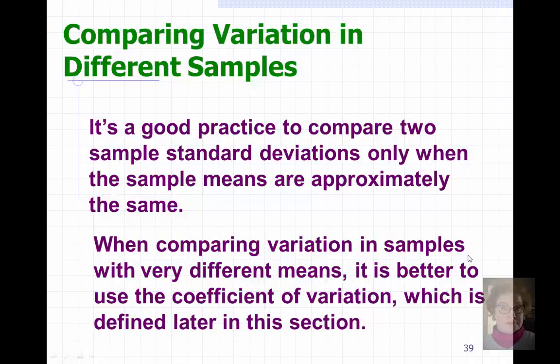But the coefficient of variation is your standard deviation divided by the mean. And so you look at a percentage. What is the standard deviation compared to the mean, and you look at it as a percent.